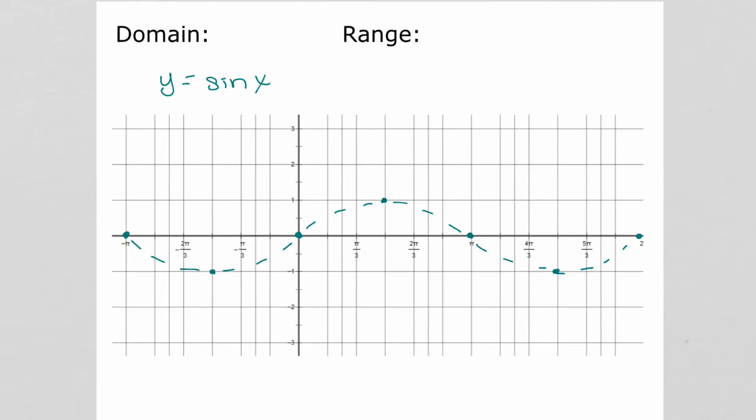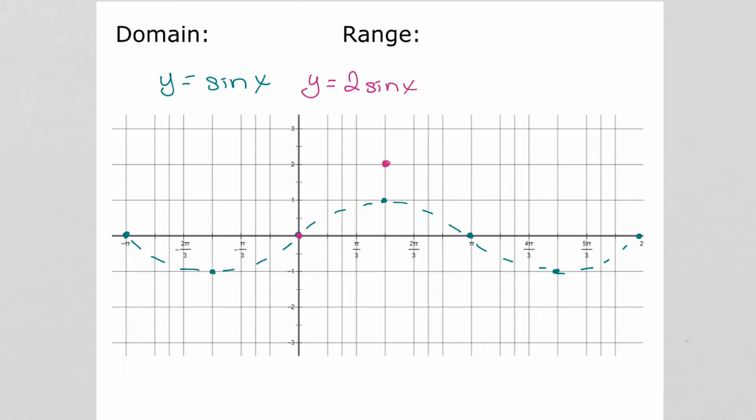But we want to graph y equals 2 sine of x. So what we're going to do is take all our y values, because it's vertically stretching, and multiply by 2. So 0 times 2 is just 0, so we're still there. And then let's go over to the 1. 1 times 2 is 2, so it'd go up here.